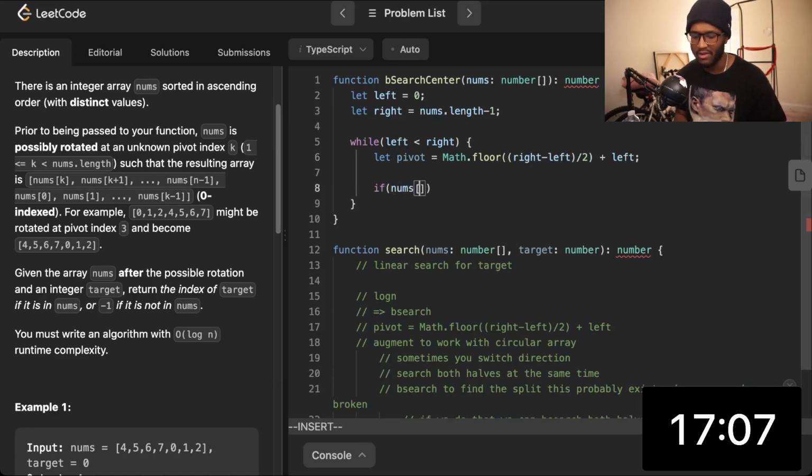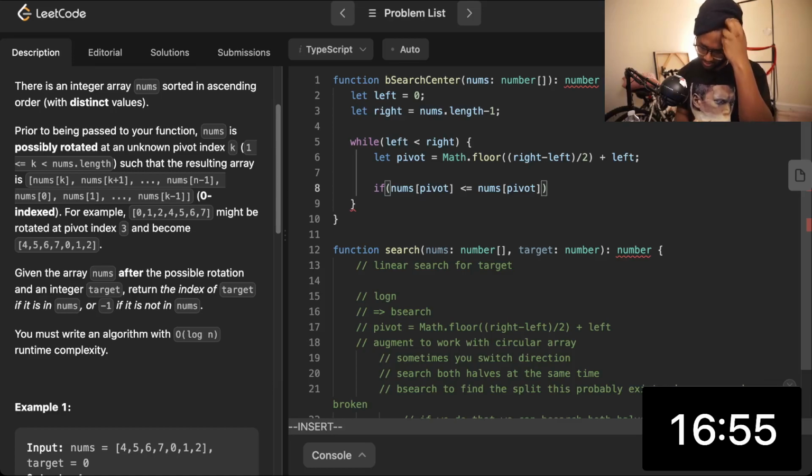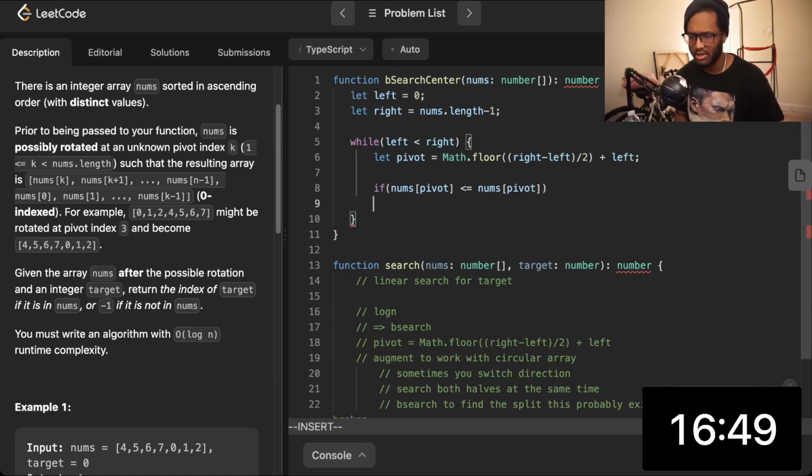And then we had, if nums sub pivot is less than or equal to nums sub pivot plus 1, and nums sub pivot greater than or equal to nums sub pivot minus 1, right?